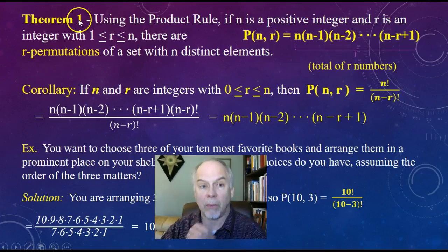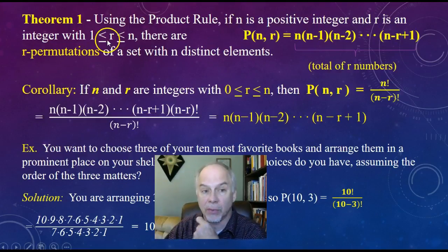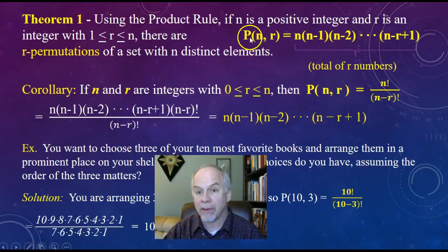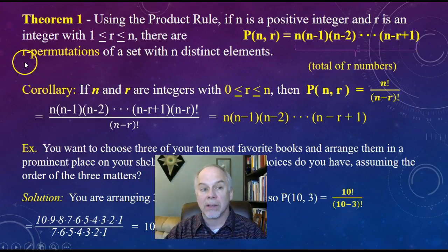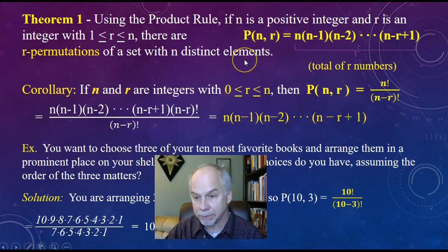So Theorem 1, using the product rule, says if N is a positive integer and R is an integer with R between 1 and N, so you're choosing out of N things, you're choosing somewhere between 1 and N of those things, then there are P of N comma R equals N times N minus 1 times N minus 2 all the way down to N minus R plus 1 different R permutations of a set with N distinct elements.